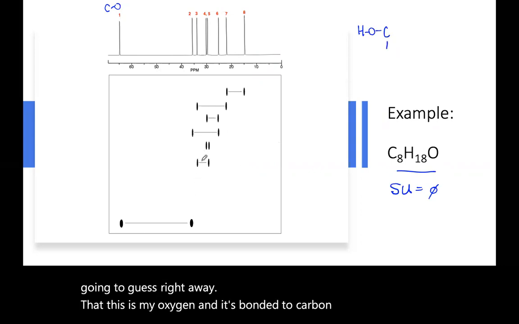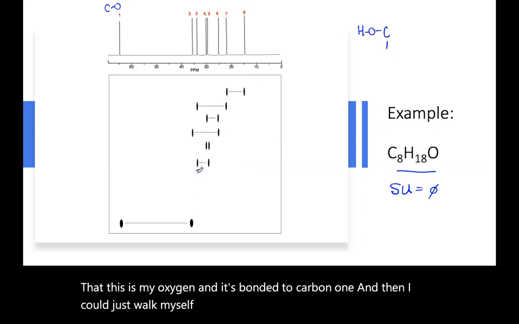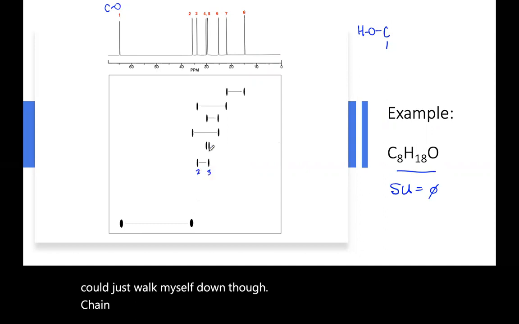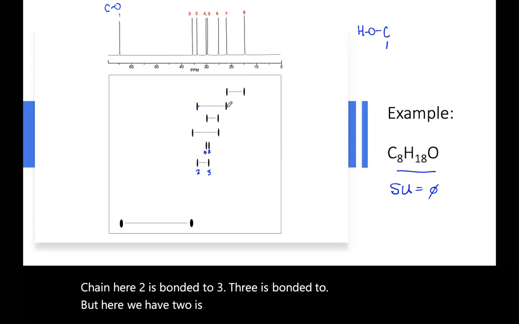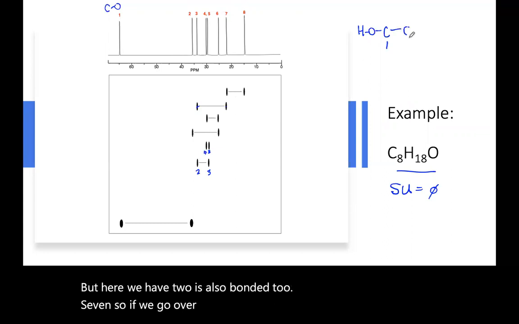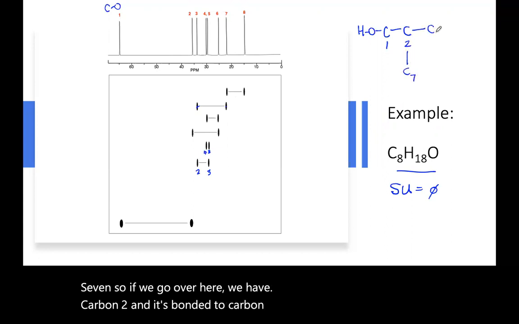And then I can just walk myself down the chain here. 2 is bonded to 3. 3 is bonded to 4. Oh, but here we have 2 is also bonded to 7. So if we go over here, we have carbon 2 and it's bonded to carbon 7 and it's bonded to carbon 3.